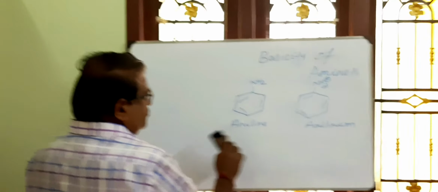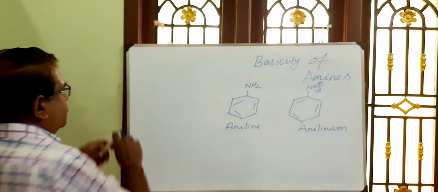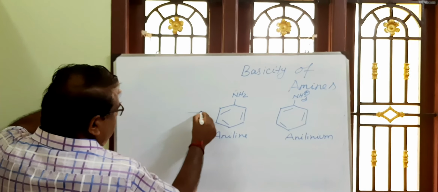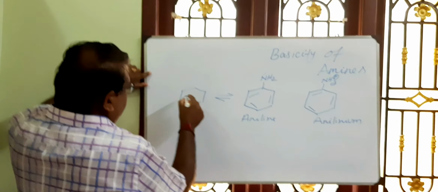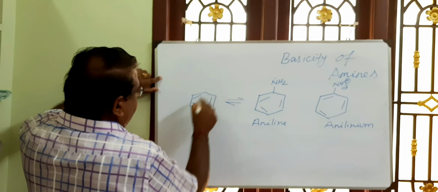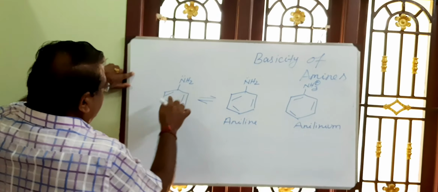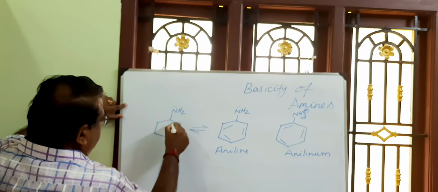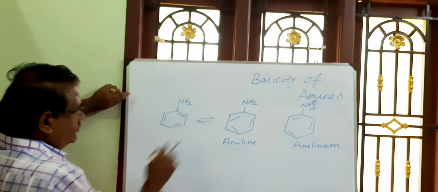Let us draw the structure for aniline. Now this structure is in resonance with this structure. Actually, these two structures are resonance structures.